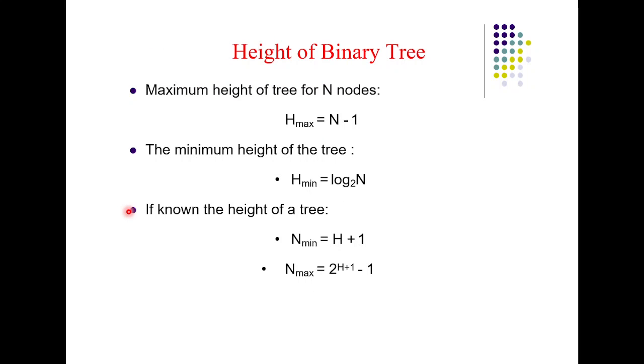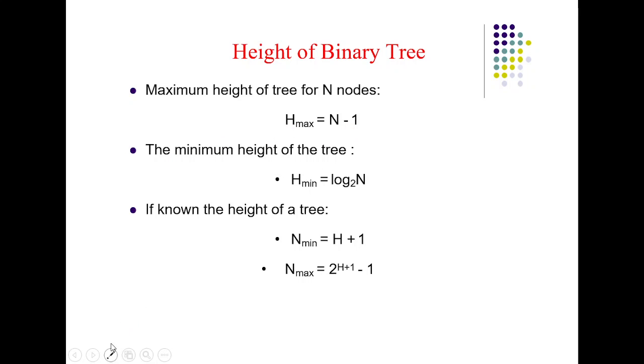Then what will be the height of a binary tree? So, the maximum height of a tree for n nodes. If we have n nodes, then from these n nodes we can tell the maximum height of a binary tree. So the maximum height can be n minus 1.